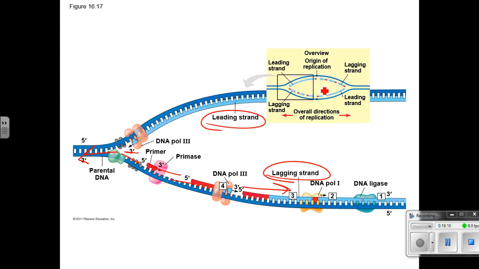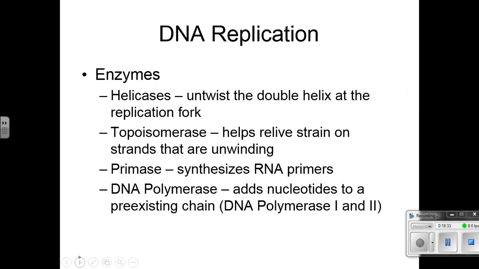So you can see right here, this is the leading strand, this is the lagging. Wherever this bubble started, it's just going to be the opposite when it goes in this direction. This is going to be leading, this is going to be lagging. And in the lagging strand, you end up with Okazaki fragments that they have to then put back together or seal. So you're going to have a lot more RNA primers on that end.